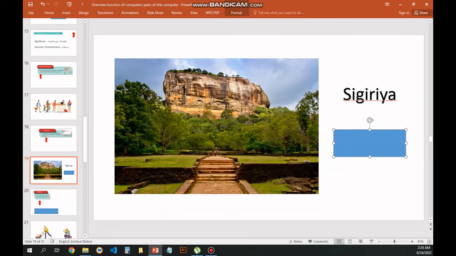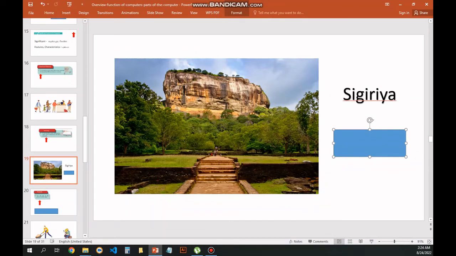But see, we are getting the correct information, because that's what the computer knows, because the data entry operator who entered this information into the computer system entered those data. That means Sigiriya is in Kazakhstan or in China.